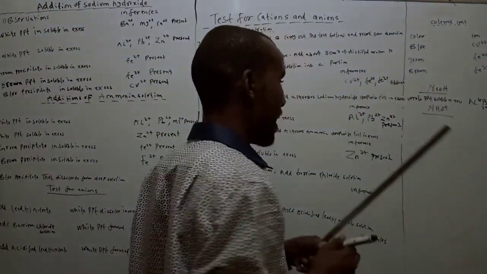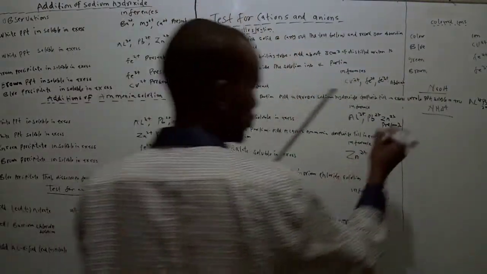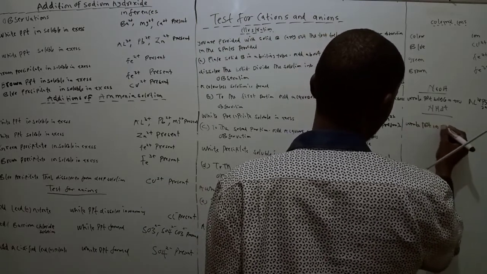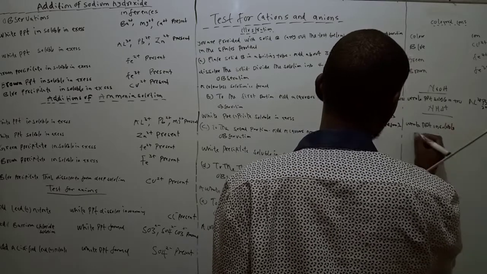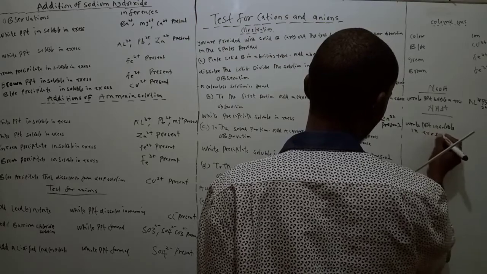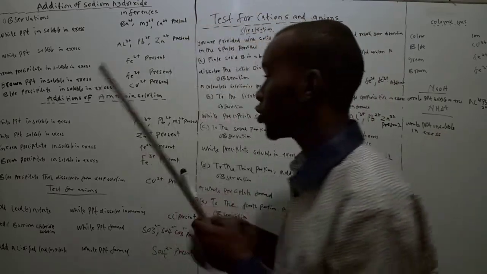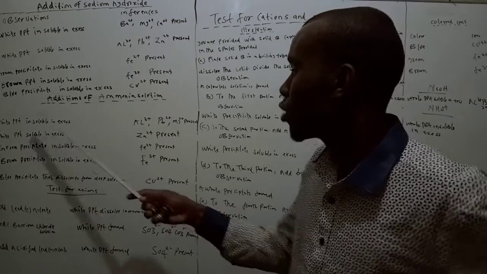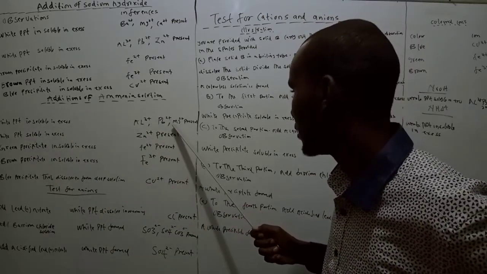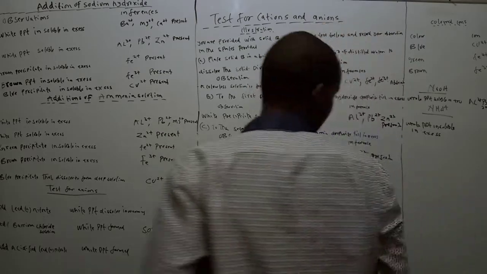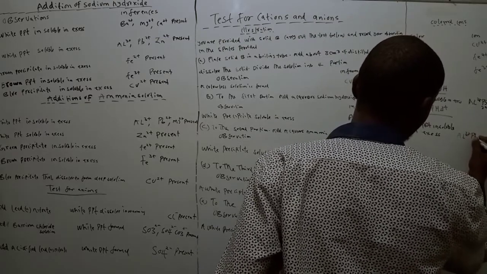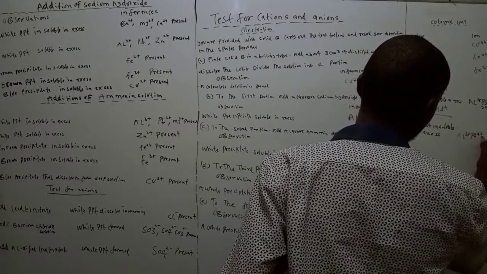If we are using ammonia and we find that we have a white precipitate insoluble in excess, we have 3 options: aluminium, lead 2 positive, and magnesium 2 positive.